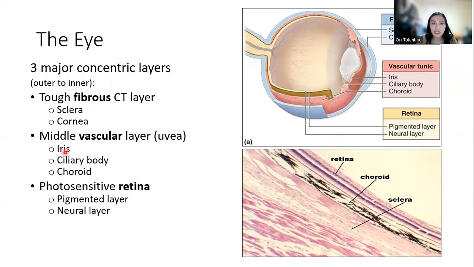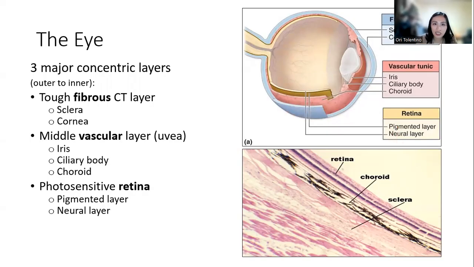The middle layer is composed of a highly vascular pigmented choroid, ciliary body, and your iris. Collectively, this is called the vascular tunic, or these three are also called your uvea. The innermost layer is the photosensitive retina, which has a pigmented and a neural layer.